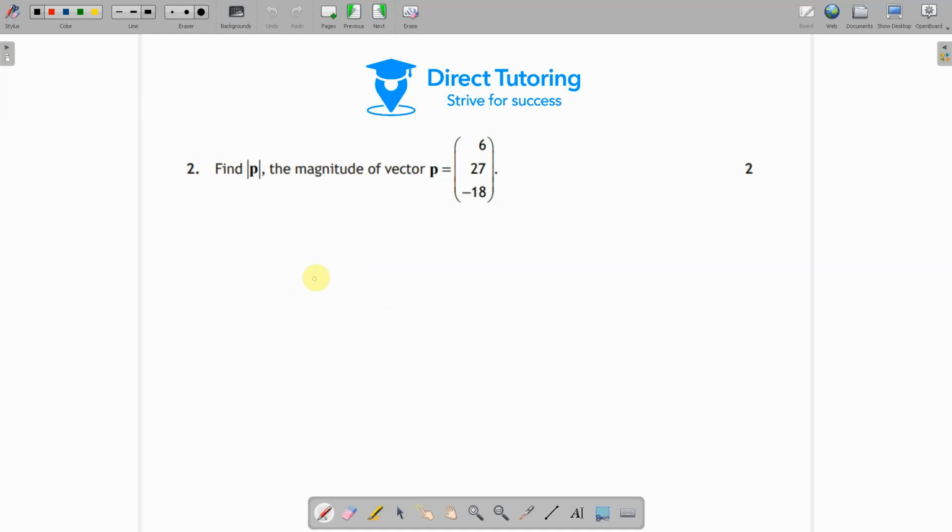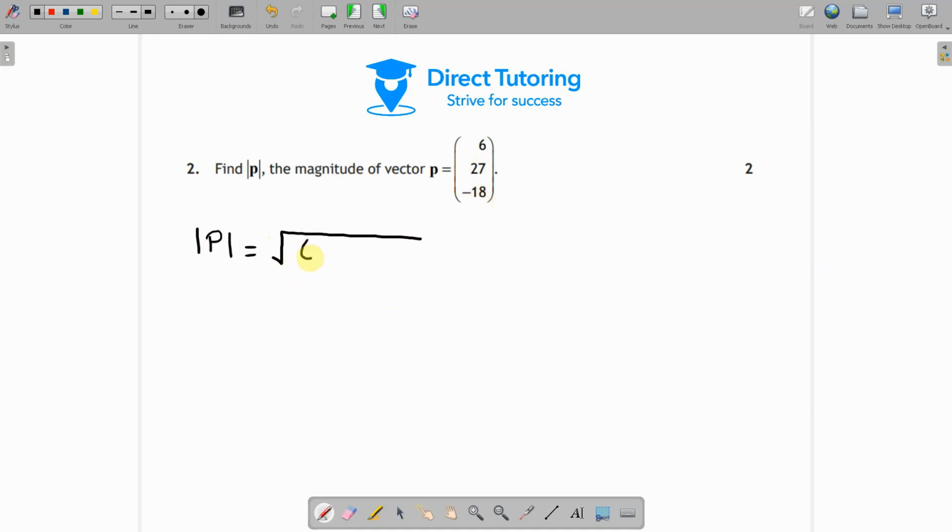Question number 2 is a vectors question, and it simply asks us 2 marks to find the magnitude of vector p. So the magnitude of p is found by the square root of all 3 coordinates squared.